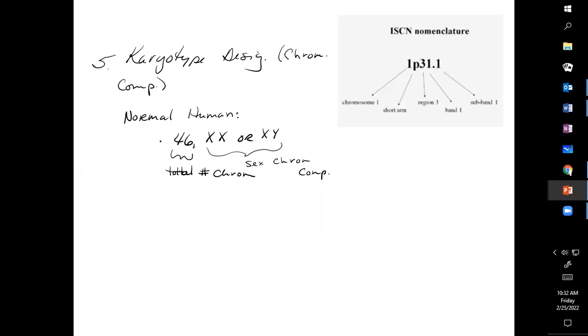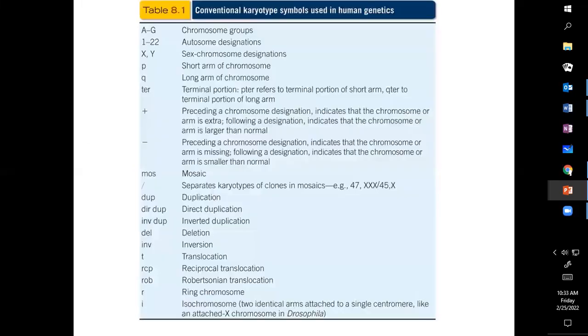Well, how do we indicate abnormalities in a karyotype? Because that's where we're going, right? We're going to chromosomal abnormalities, abnormalities in chromosome number, abnormalities in chromosome structure. There are some common symbols we can use. Here's a chart talking about the symbols and the nomenclature that have to do with the chromosomes.